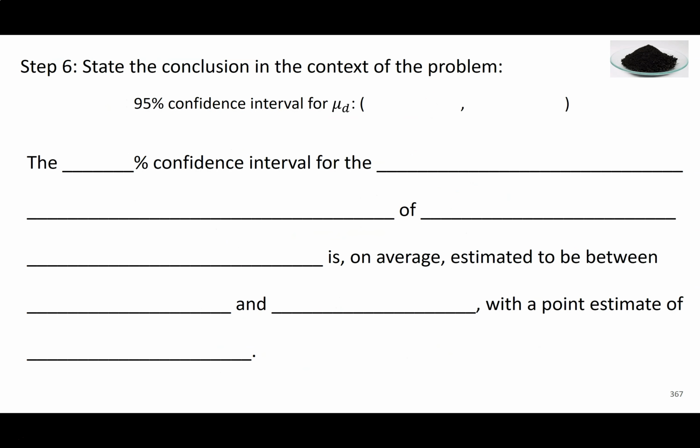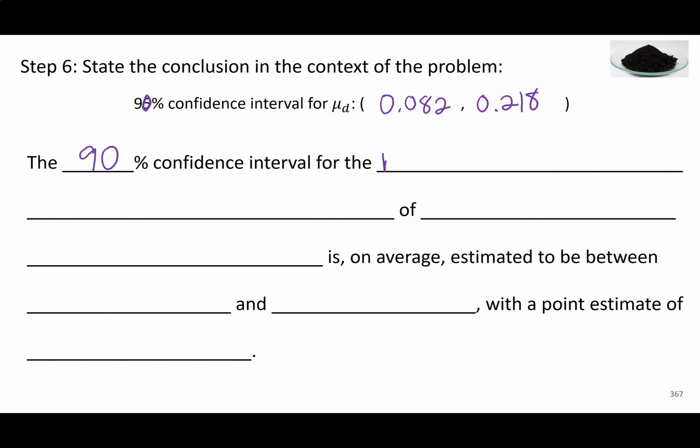So writing this up, so this is a 90. Once again, hazards of copy and paste, right? So 0.082 to 0.218, the 90% confidence interval.